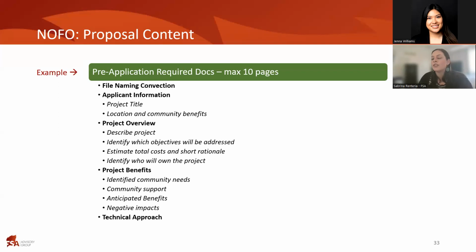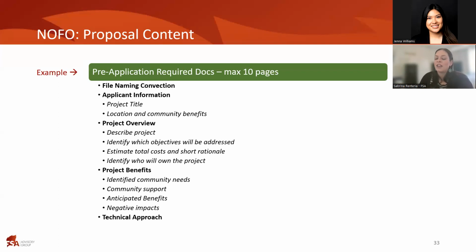Project overview, this is very typical to any grant application, again, whether in the pre-application section or in the full application. It's really important to list the elements using the maximum amount of words or pages or characters. They'll give you a maximum of either.